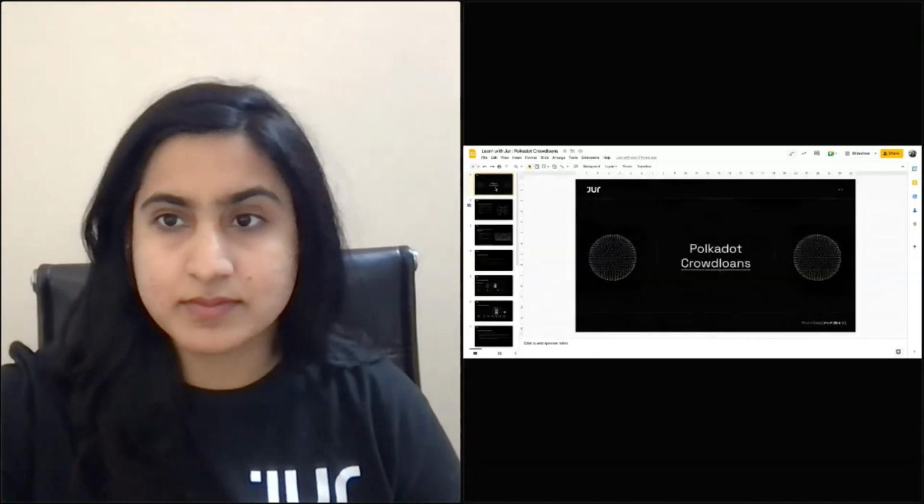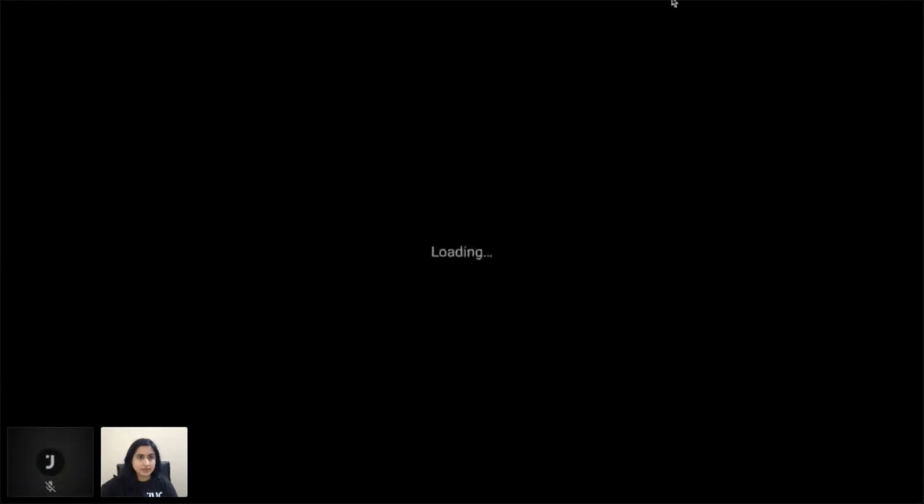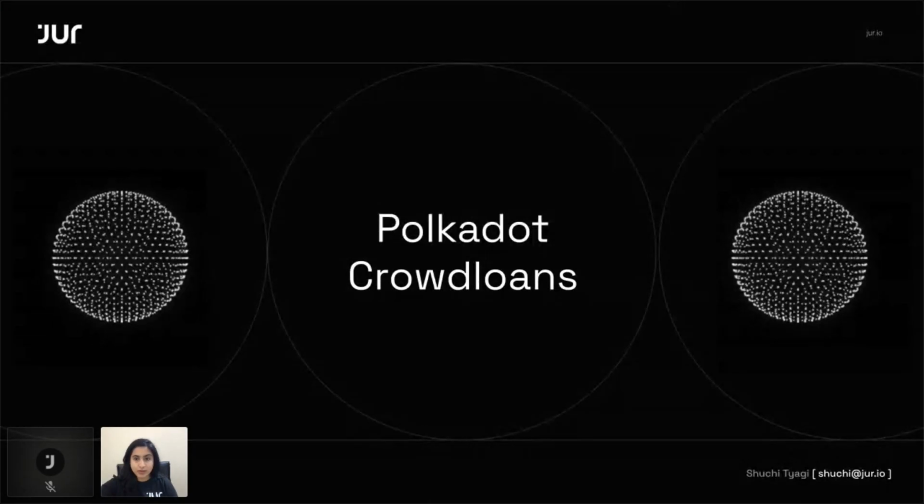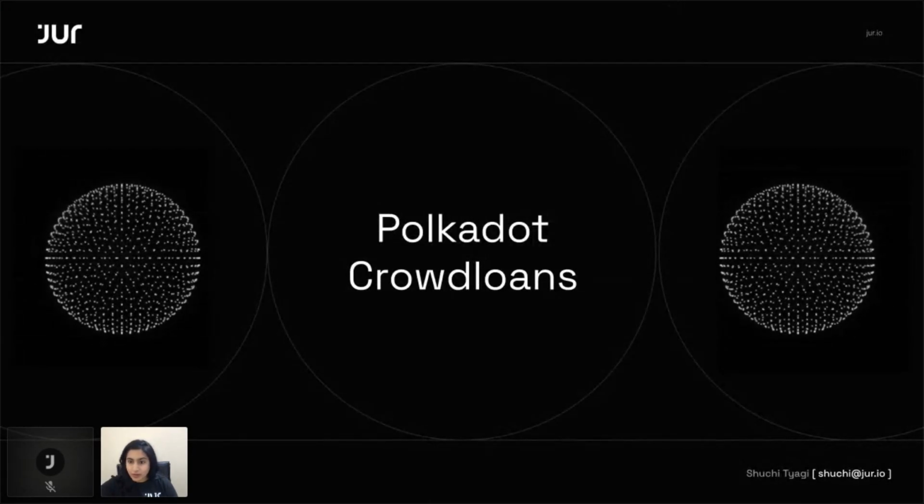And with this note, let's start with today's topic, which is around Polkadot Crowdloans. Just give me a moment to share my screen. Okay, perfect. I hope you all can see my screen.